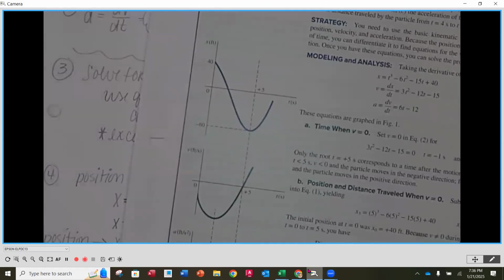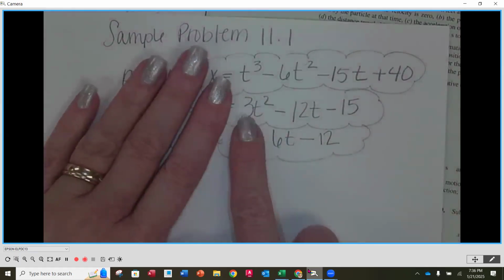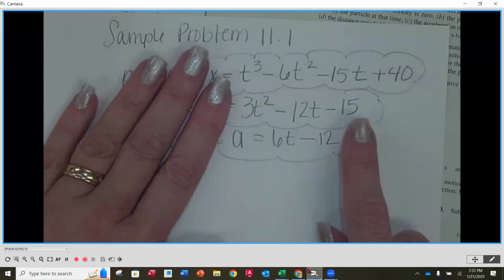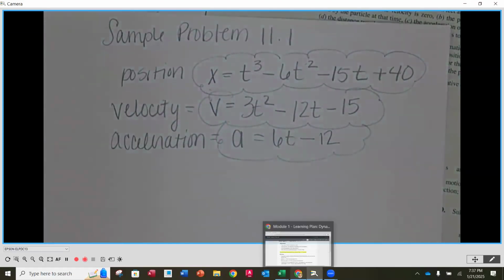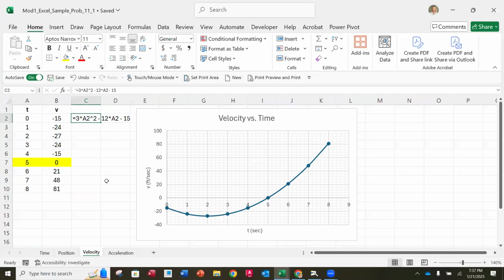here it is. When we did our velocity equation, we are going to then use the 3t squared minus 12t minus 15 as the equation for the line to calculate the velocity as a function of time. So if we go underneath here, that's what I just kind of showed there.